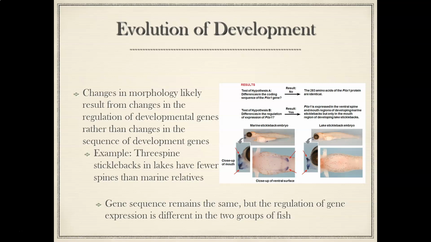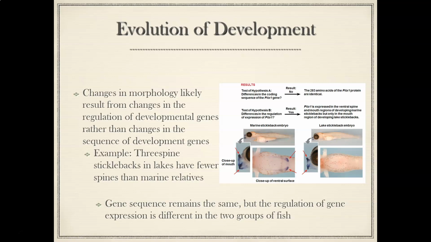We think a lot of those morphological changes are a result of regulation of developmental genes rather than the actual sequence itself. So we may not necessarily be seeing a change in the actual A's, T's, C's, and G's in the gene, but by regulating when that gene gets turned on and off.